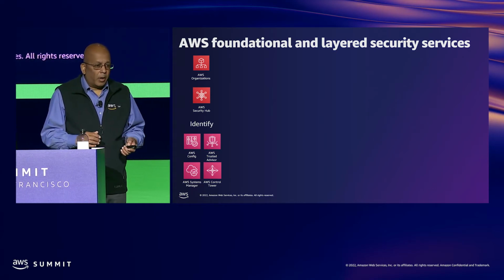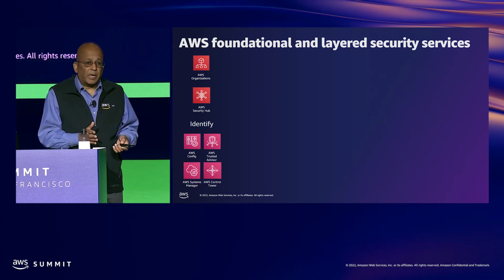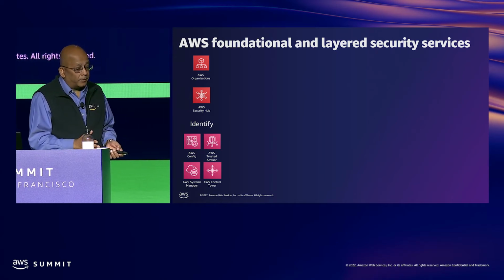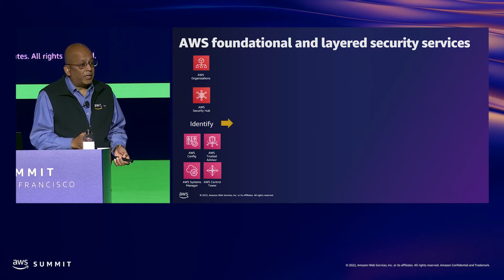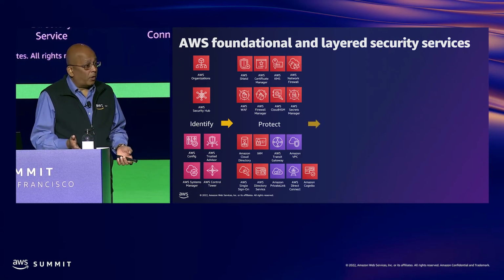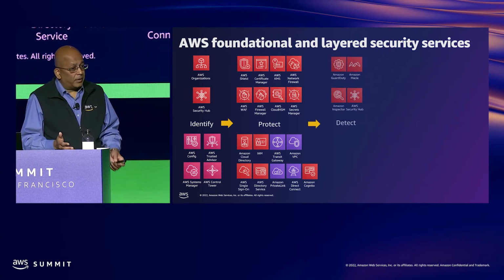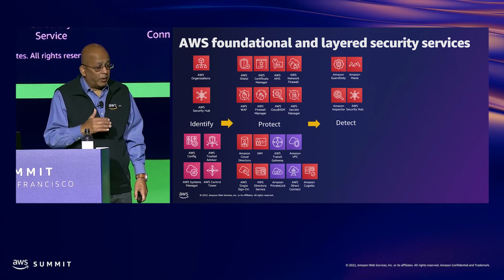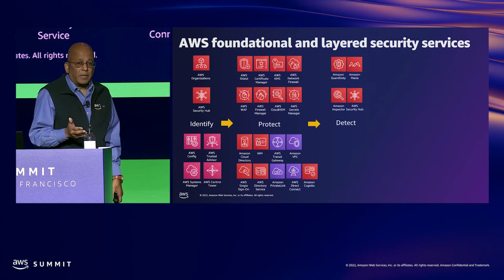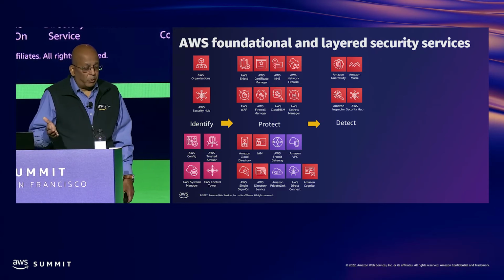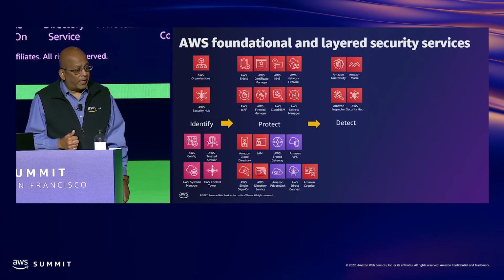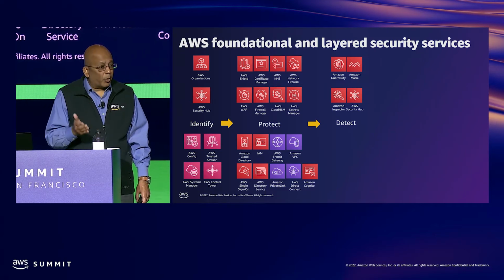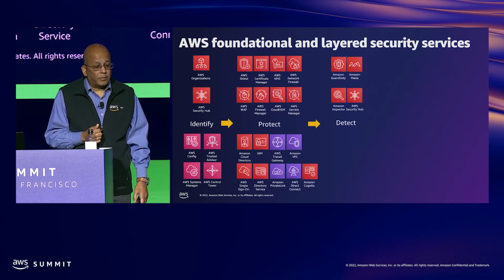There are security services that help you identify what the security issues are. We have security services that help you with protection of data, in transit as well as at rest. You will see AWS KMS. That's a service that most likely you're going to be using for protection of data at rest. But then also the networking services that we have to help you protect data in transit.